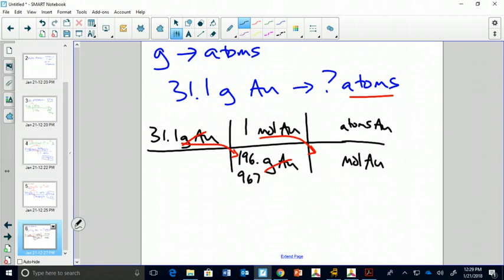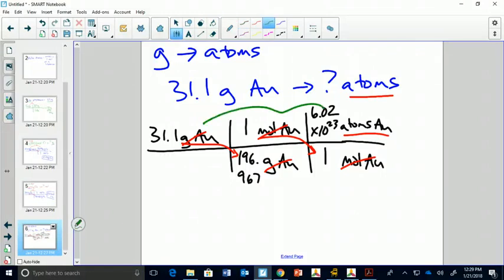And what numbers will I put in here? Well, this is Avogadro's number, that there's 6.02 times 10 to the 23 atoms in 1 mole. So in this case, I've used multiple conversions to go from grams to moles, and then from moles, these guys will cancel, and I'm left with atoms of gold.